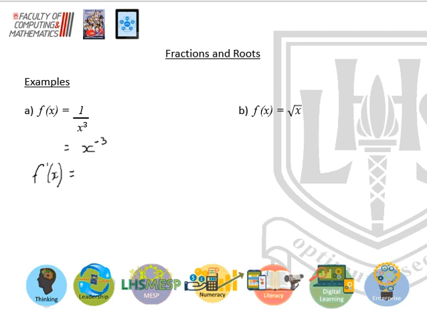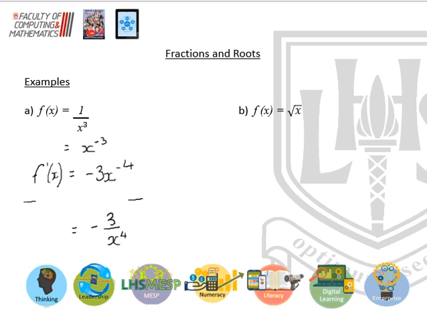My power comes down, so it becomes negative 3x to the power negative 4. And then just as a wee bonus, I can rearrange here. You're not always going to get marks for it, but it does help if you are going to substitute into your differential. The x to the power negative 4 goes back down to the bottom, becomes x to the power 4. Really we want to be concentrating on this top bit, but once you get comfortable, you want to also be moving it back into usable form.